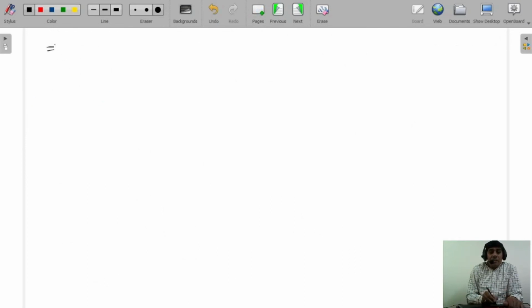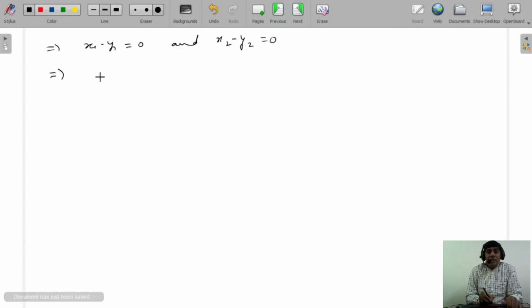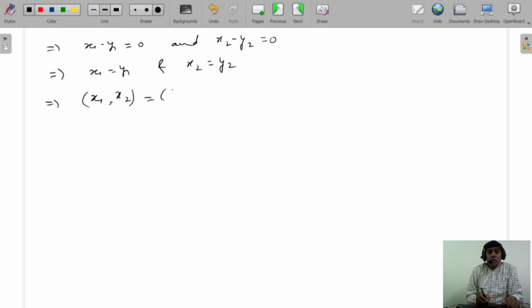This implies x1 minus y1 is equal to 0 and x2 minus y2 is also equal to 0. A quantity whose modulus is equal to 0 must itself be equal to 0. This implies x1 is equal to y1 and x2 is equal to y2. This implies (x1, x2) is equal to (y1, y2).